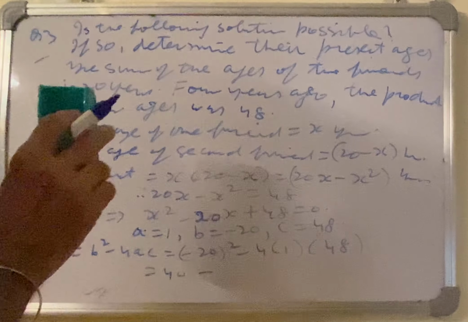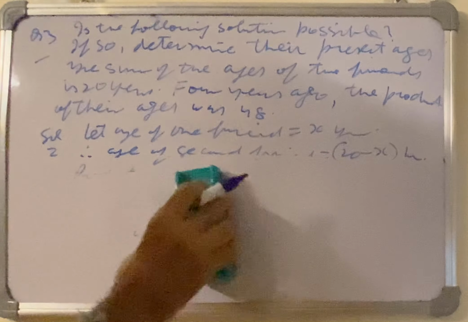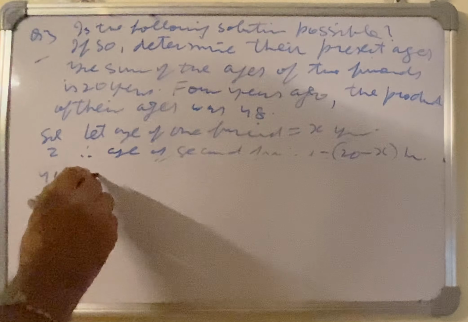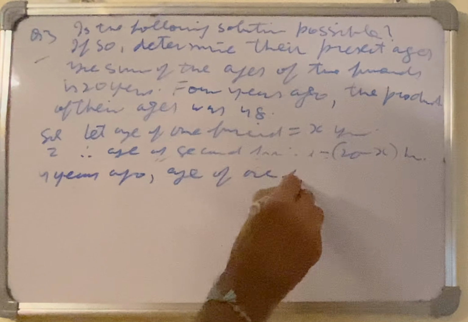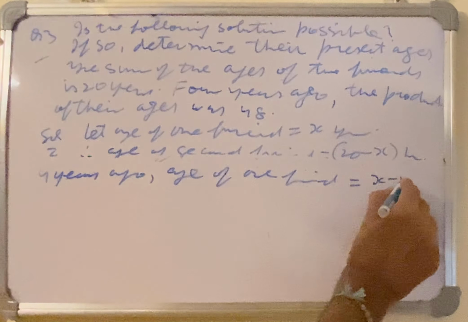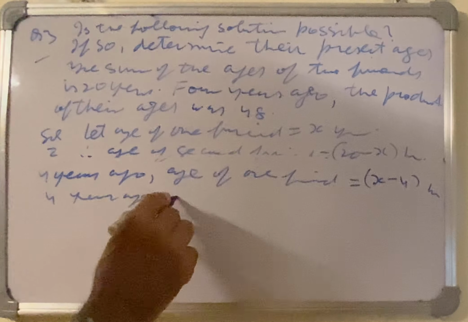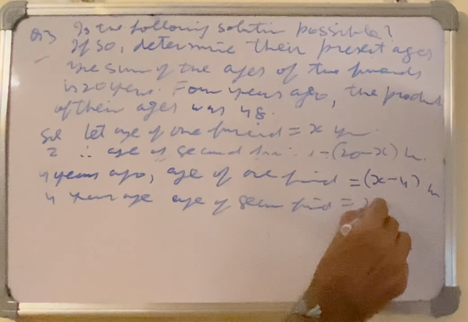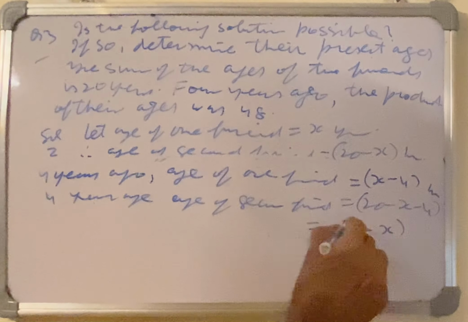After that, we shall find 4 years ago. 4 years ago, the age of one friend is x minus 4 years. 4 years ago, the age of the second friend is 20 minus x minus 4. It is 16 minus x years.